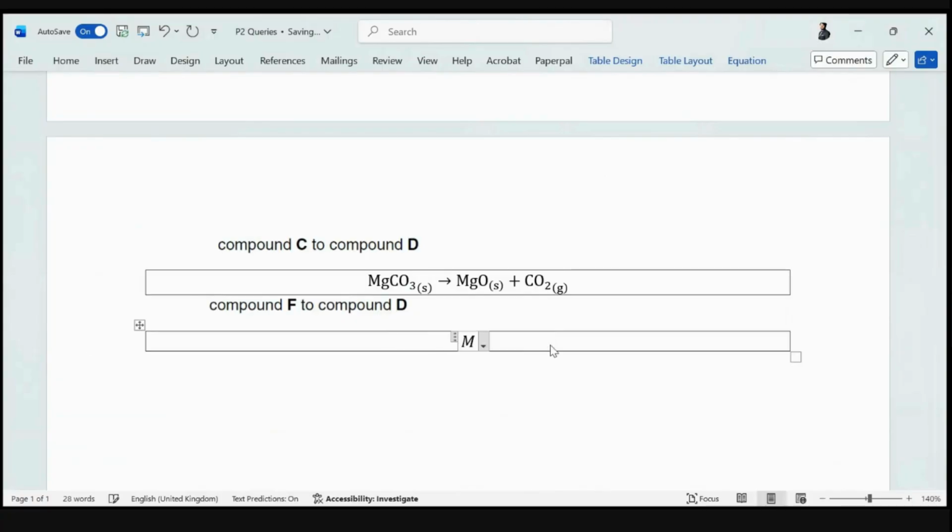F was Mg(NO3) taken twice. When I heat it, what do I get? MgO and what else? Nitrogen dioxide. Very good. Just like carbon dioxide, you get nitrogen dioxide, and one more thing that you get is oxygen. Now, can you balance it?